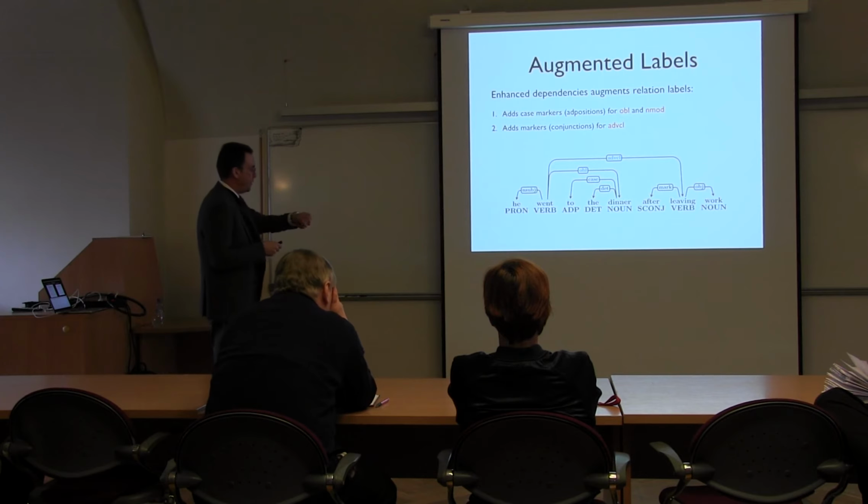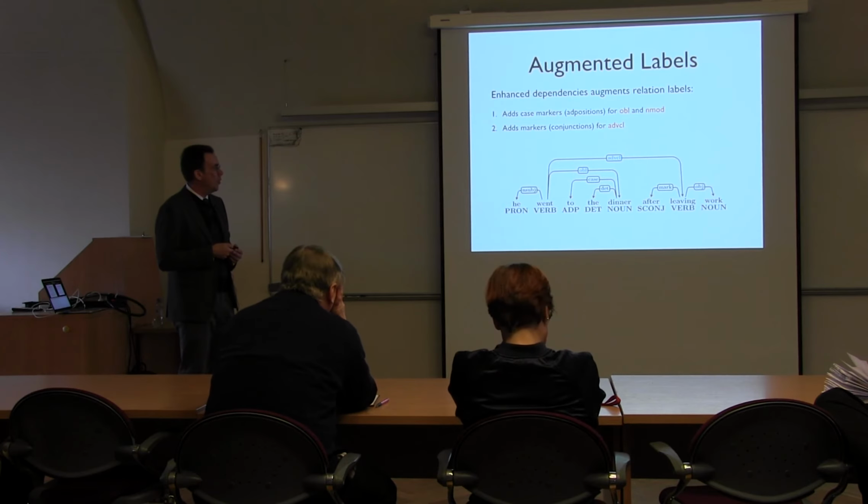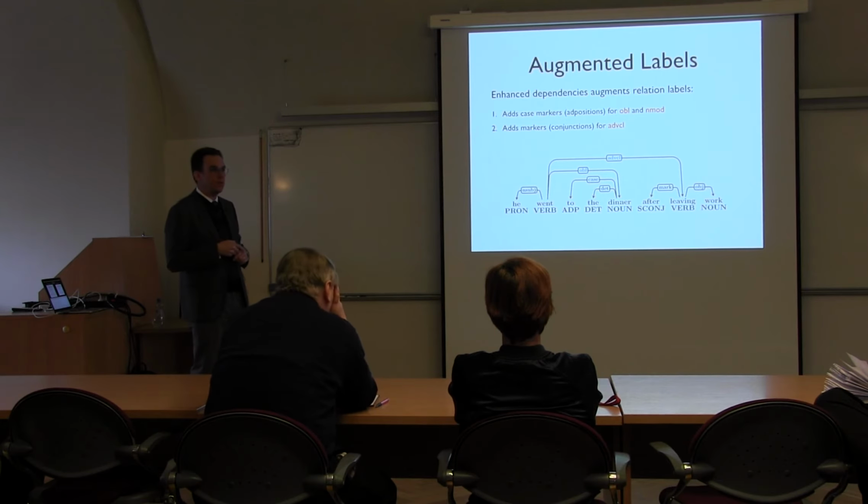And finally, the fifth type of enhancement is what I call augmented labels. So when you have something like he went to the dinner after leaving work, the relations oblique and adverbial clause are very coarse-grained. But in many languages, you can get more information by looking either at the subordinating conjunction or similar in the clause, or at the preposition or similar in this oblique.